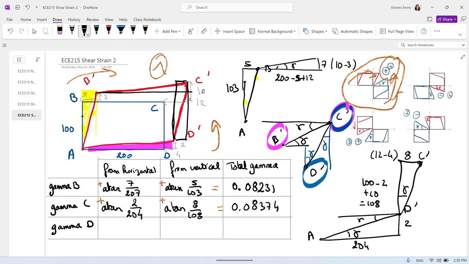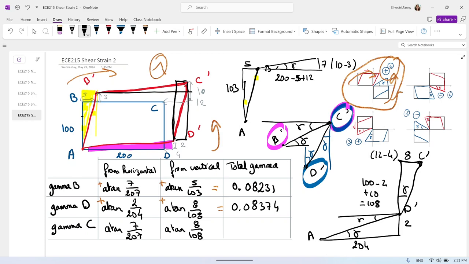So I repeat, gamma horizontal is the same for B prime and C prime. That will be A tangent of 7 divided by 207. And gamma vertical is the same with D prime. So that will be plus A tangent of 8 divided by 108.